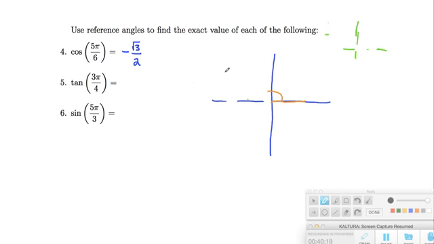Here we're doing 3/4. 3/4 is not all the way to 1. So what we've really got here is 3/4 of the way to pi. So the angle 3 pi over 4 looks like this.